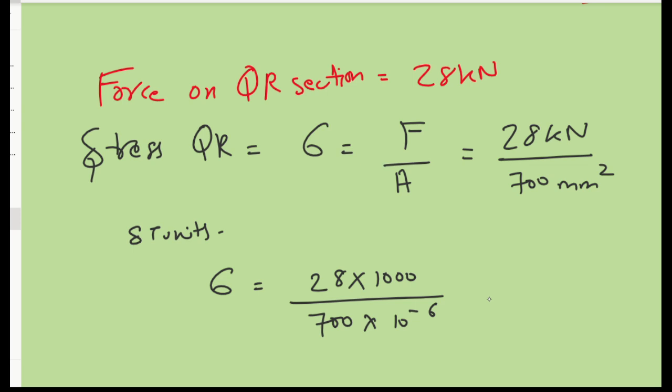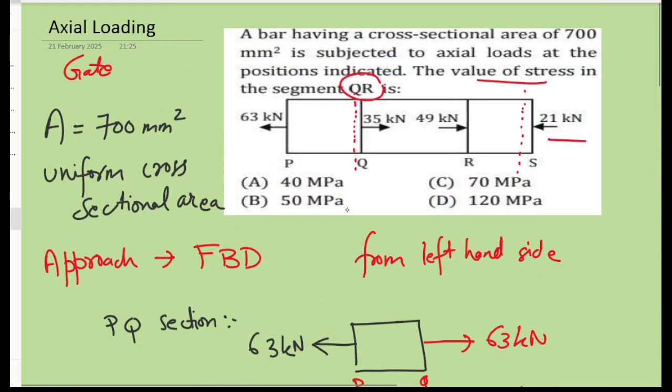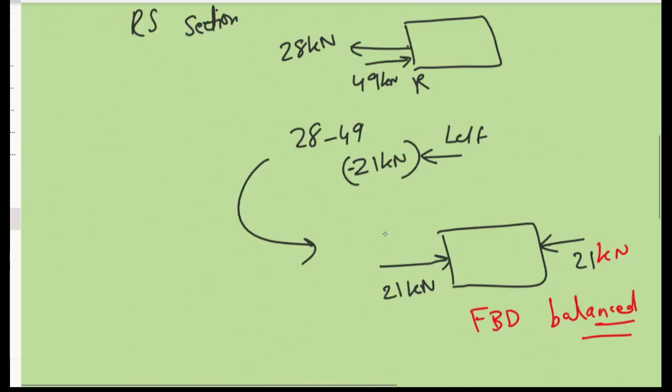This will come in Newton per meter square. Okay, so solving it, we will get 40 into 10 to the power 6 Newton per meter square. So what is our unit of concern? The answer is given in MPa.